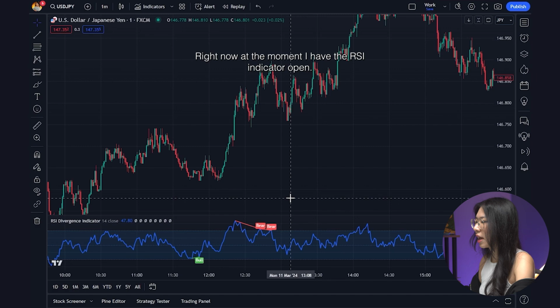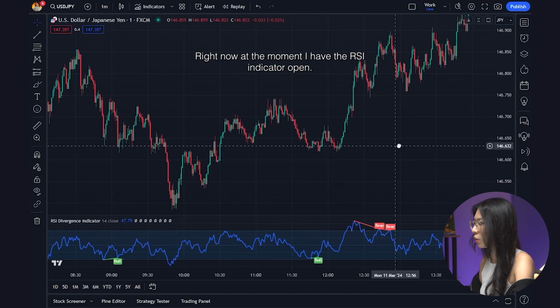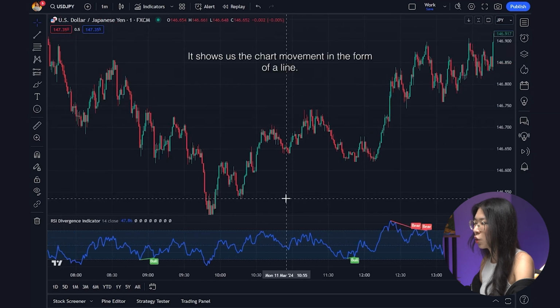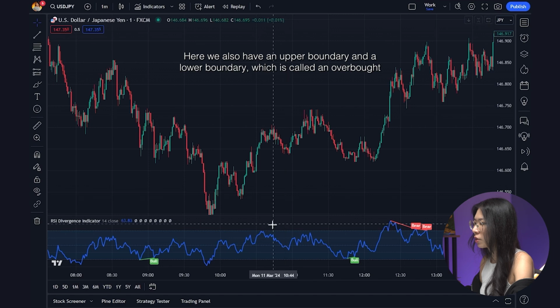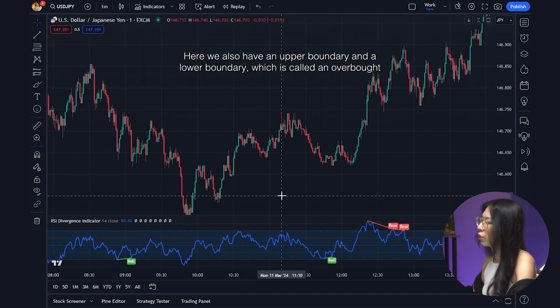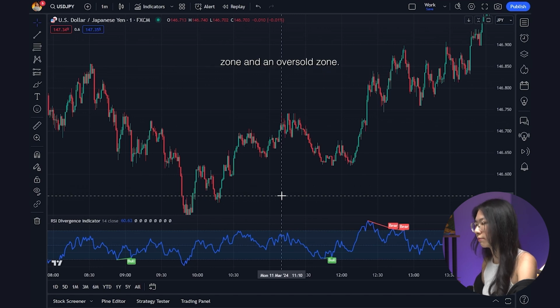And right now at the moment I have the RSI indicator open. What does it even show us? It shows us the chart movement in the form of a line. Here we also have an upper boundary and a lower boundary, which are called the overbought zone and the oversold zone.